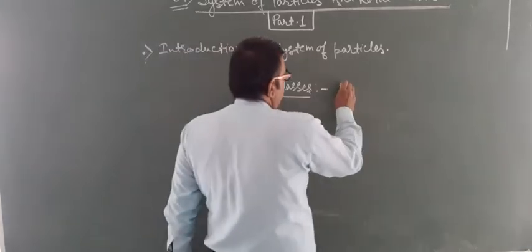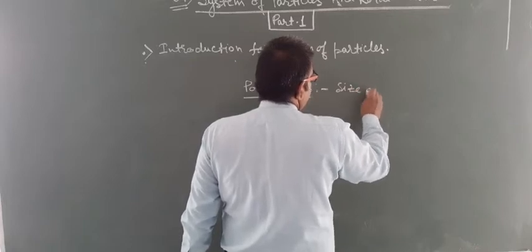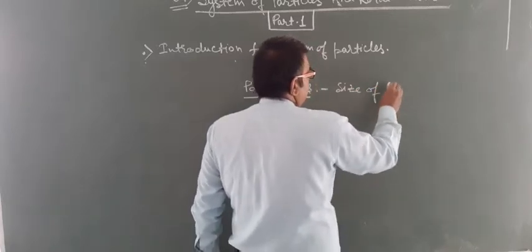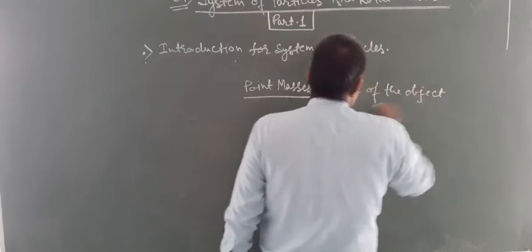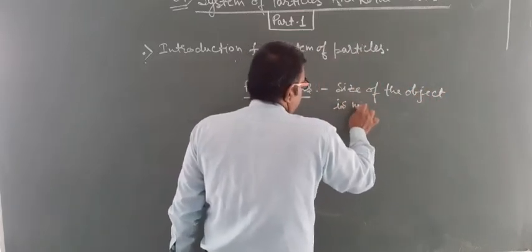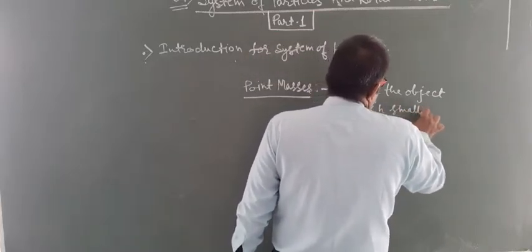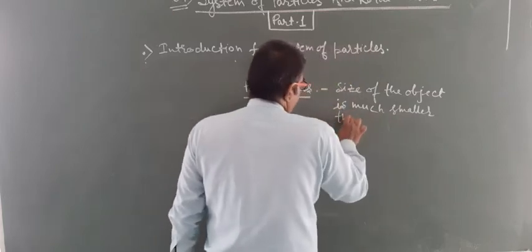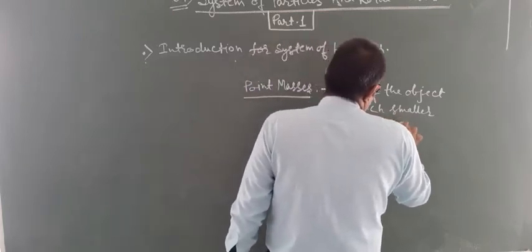Point masses are those where the size of the object is much smaller than the distance traveled by it.